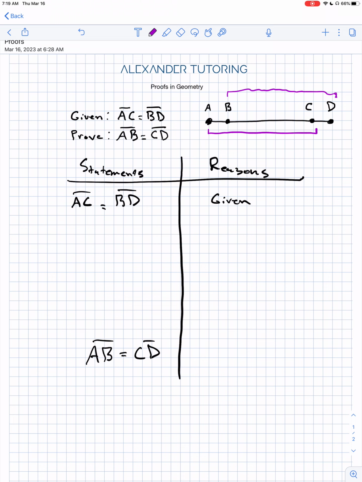Okay, and now what are we trying to prove? We want to prove that this guy is the same length as this guy. Now we want to start thinking about how we might go about this and what postulates or theorems might be useful in this case.